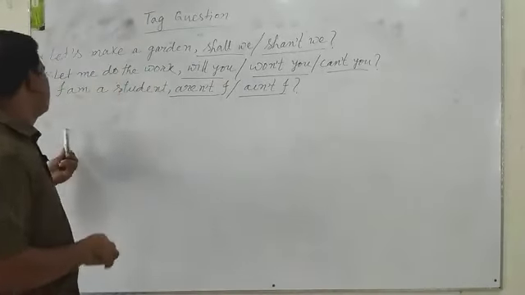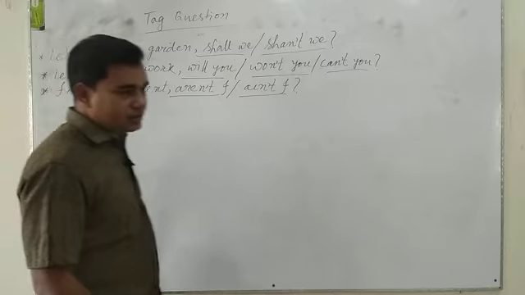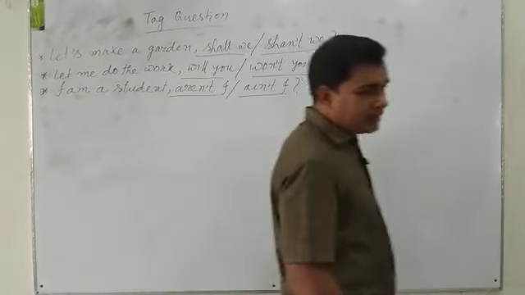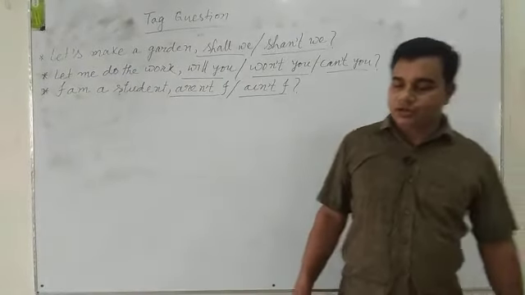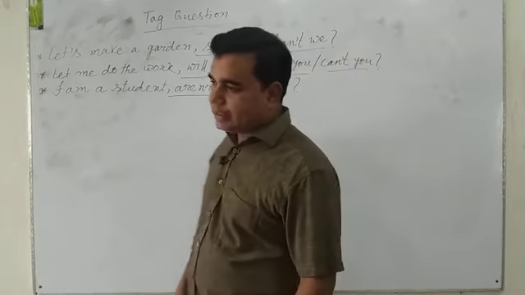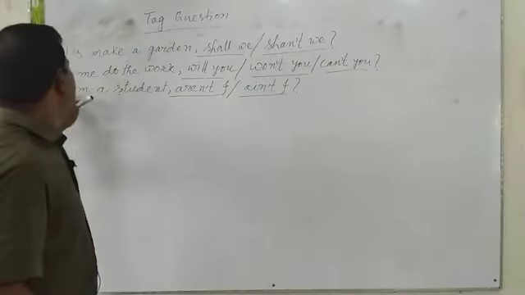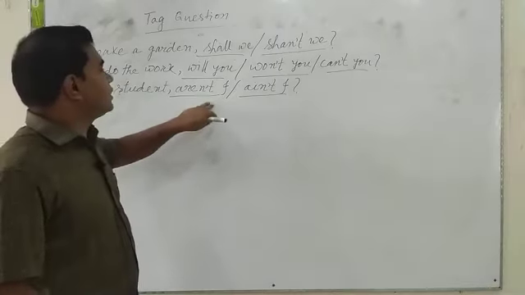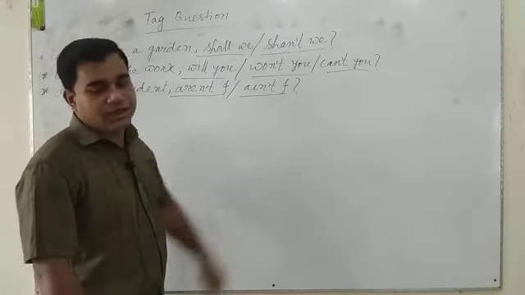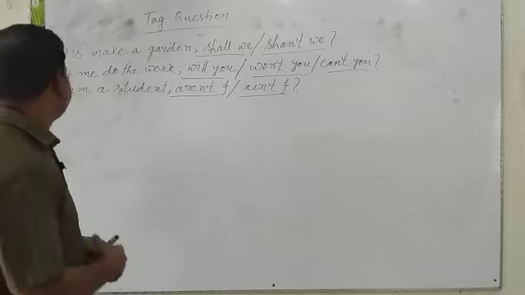Anyone will do. For the sentence "I am writing a letter," it will also be "aren't I" or "ain't I." If the sentence starts with "I am", we are to use the tag question "aren't I" or "ain't I."